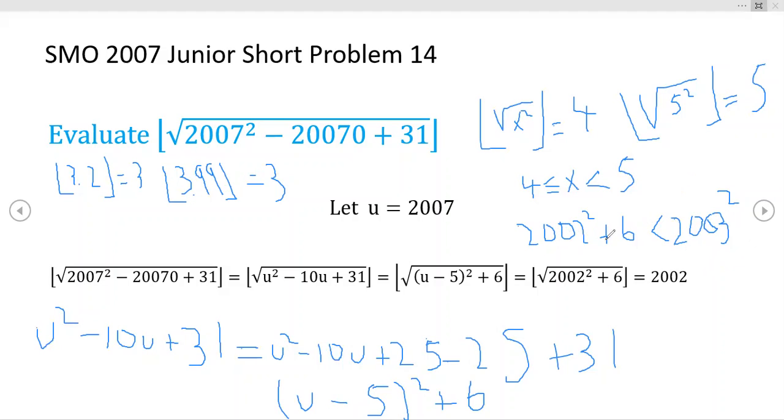So this is significantly less than that. That's why we can just neglect the 6 and get 2002 as our answer. That was a little long-winded, I hope it made sense, but 2002 is the answer, and the process that made things fly right here was completing the square.